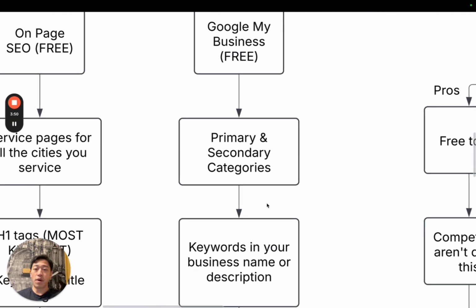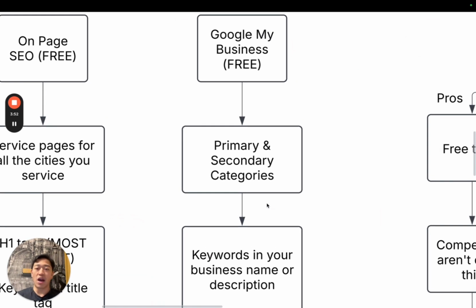Google My Business, I'm sure you probably have a Google My Business profile if you're a local contractor, but the number one ranking factor on Google My Business is the primary and secondary categories. So you want to make sure that your primary category is on point and your secondary categories are listed as well. If it's not the main service you're offering, you shouldn't have that as your primary category.